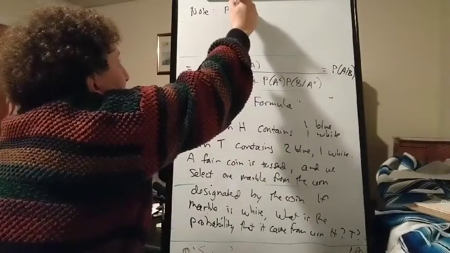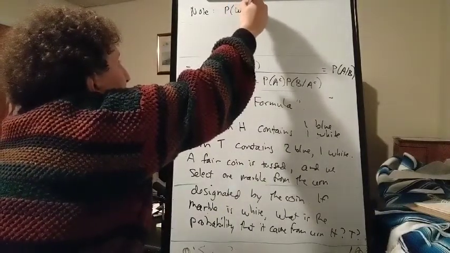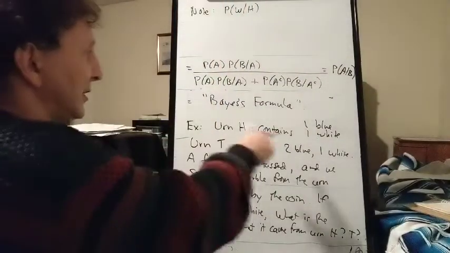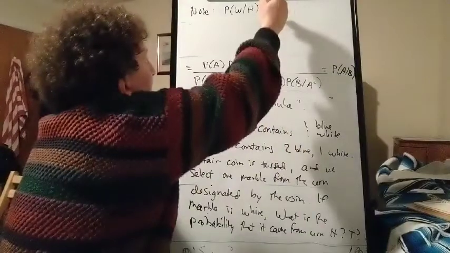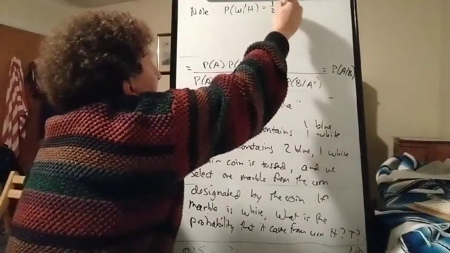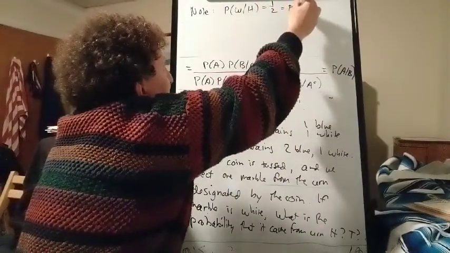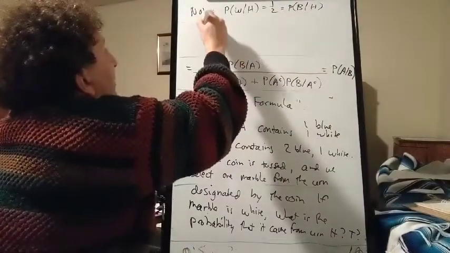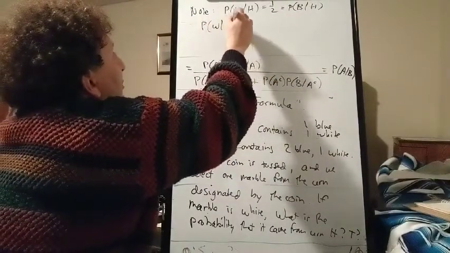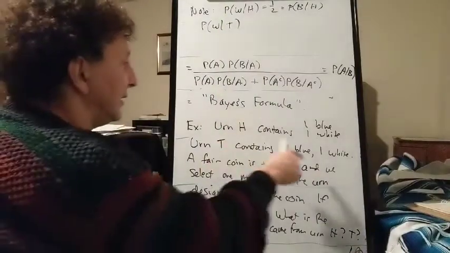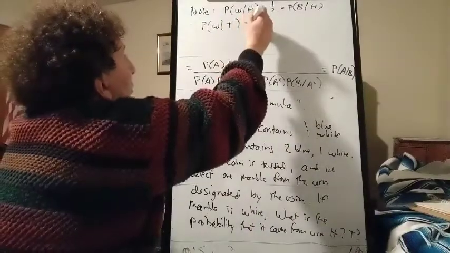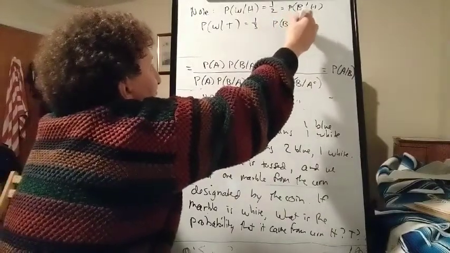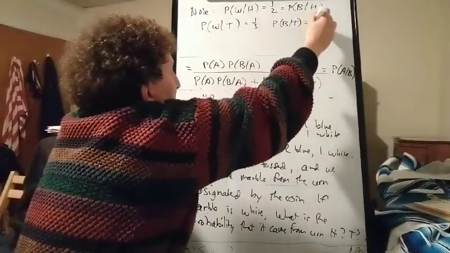So the probability of white, given that we're choosing from urn H, is 1/2. And that's also the probability of getting blue given that we choose from urn H. The probability that we get white given that we're choosing from urn T is 1/3, and the probability that we get blue given that we're choosing from urn T is 2/3.